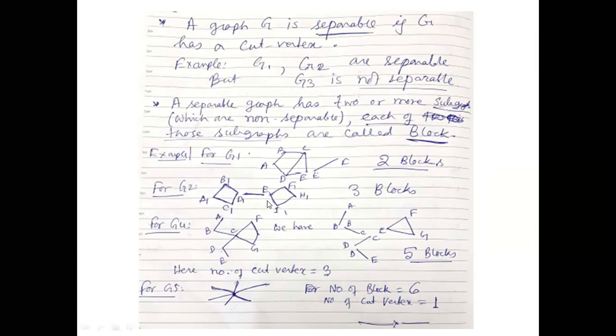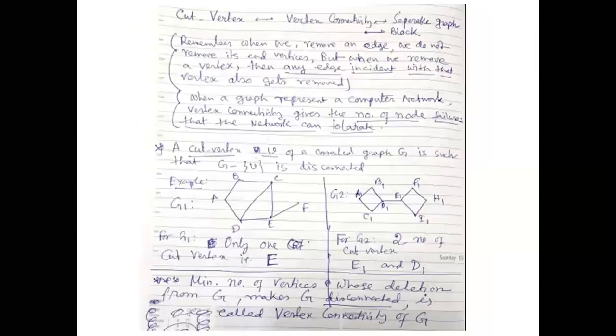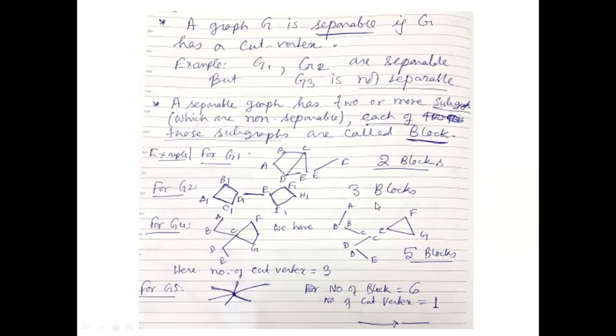right? Similarly, for the case G2, we have three blocks, right? For the case G4, say we use another graph with vertices A, B, C, D, E, F, G. We see there are three cut vertices: B can be treated as a cut vertex, C is also a cut vertex, and D is also a cut vertex.